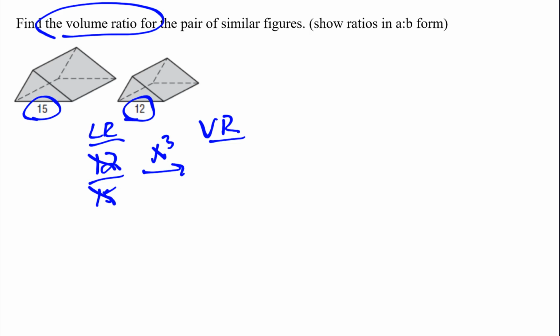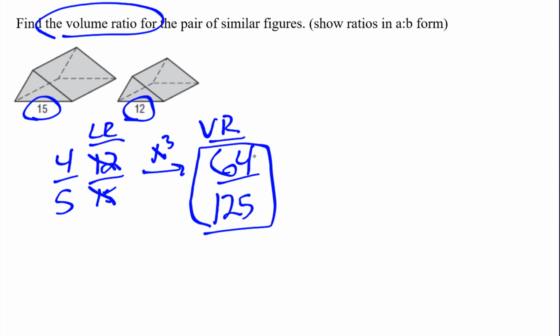Cubing 12 and 15, probably not the easiest in the world. Remember, before you start any problem, reduce. So that reduces down to 4 over 5. 4 to the third power is 64. That's 4 times 4, which is 16. 16 times 4 is 64. And 5 to the third power is 125.